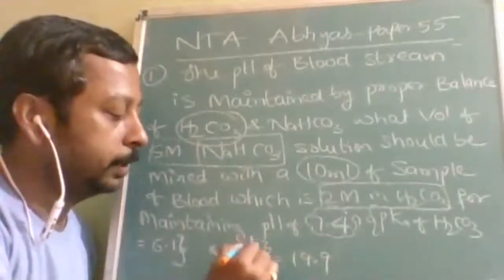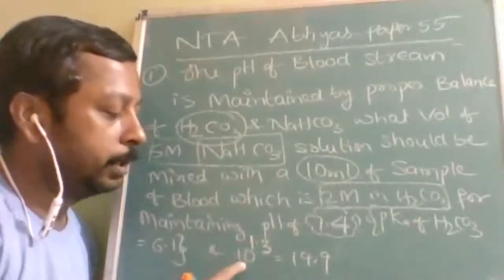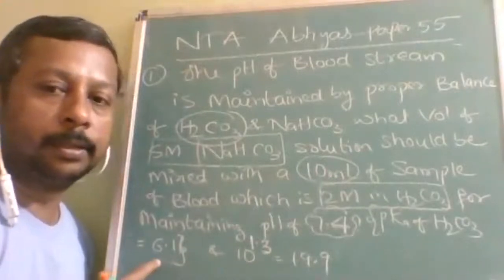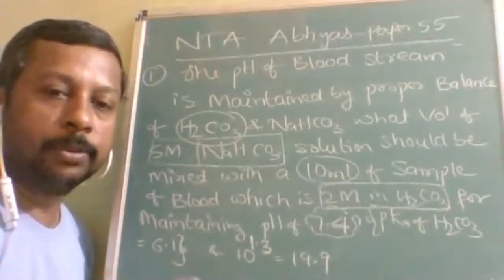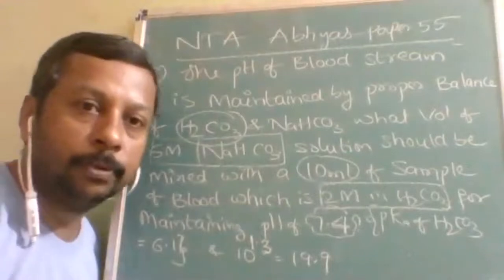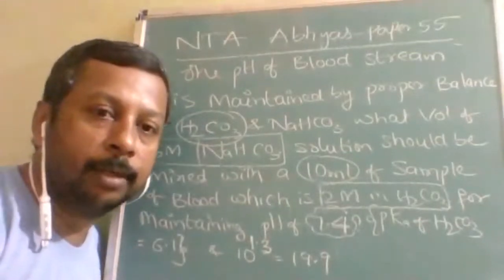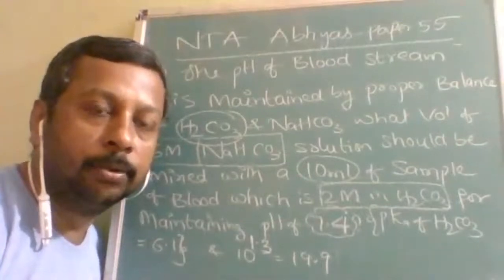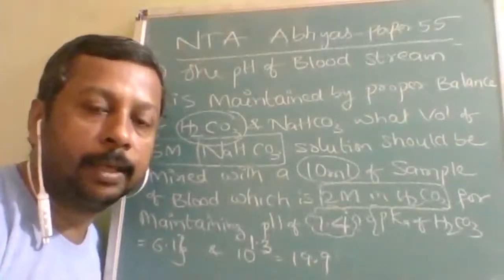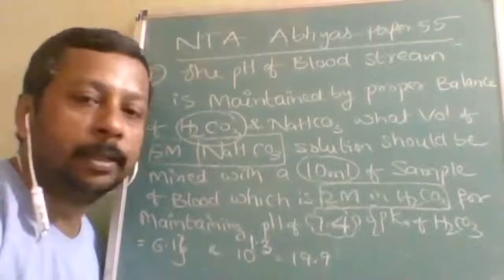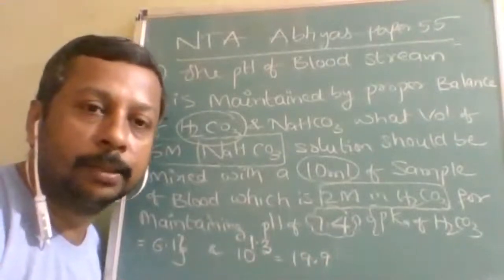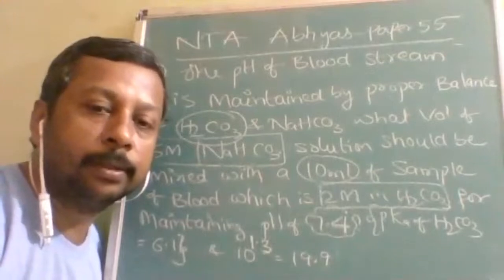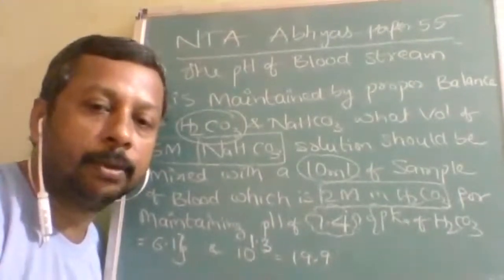For ease of simplification, 10 to the power of 1.3 is also given, and the pK of H2CO3 is also given. I have told you all the formulas, approach, and substitution. You can do it your own way and tell me your answer, so that you can check whether it matches my answer or any other method. Now you can start solving.